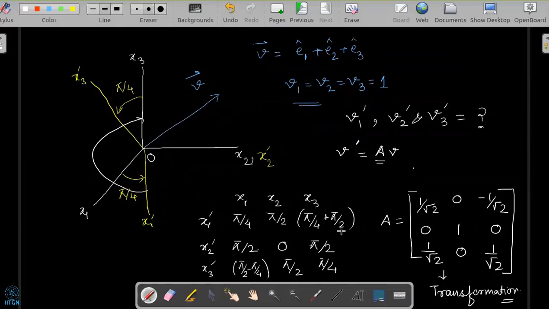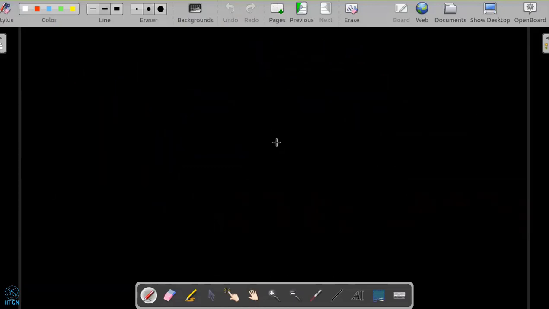So by knowing the angles, we have determined the transformation matrix, and using this transformation matrix, finally we will have v1 dash, v2 dash, v3 dash.